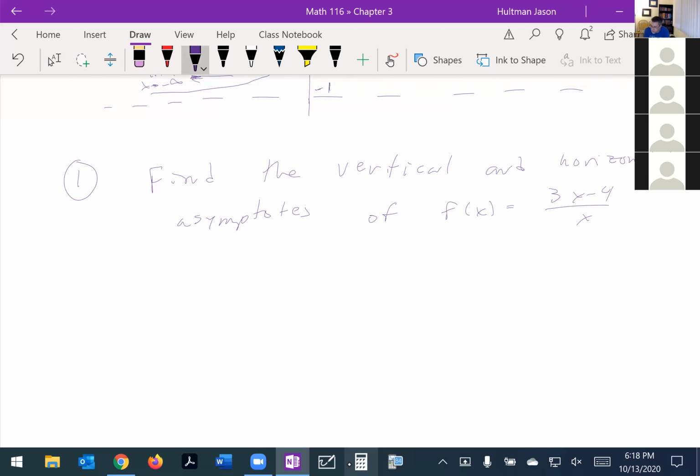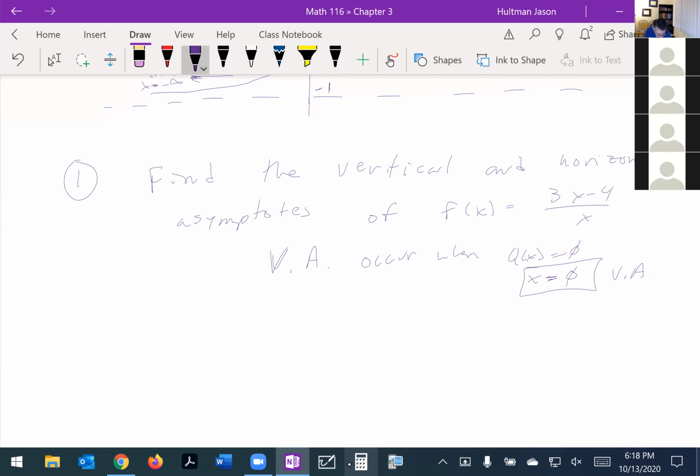To find the vertical asymptotes, I have to ask myself: vertical asymptotes occur when the denominator is equal to 0. What's the denominator? It's x. So x is equal to 0 is the vertical asymptote.